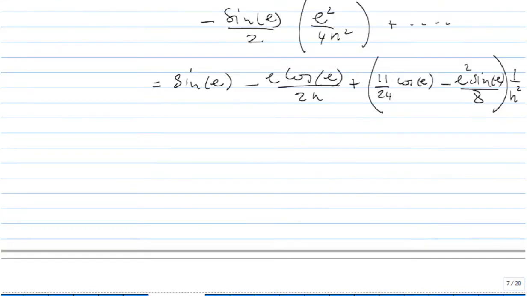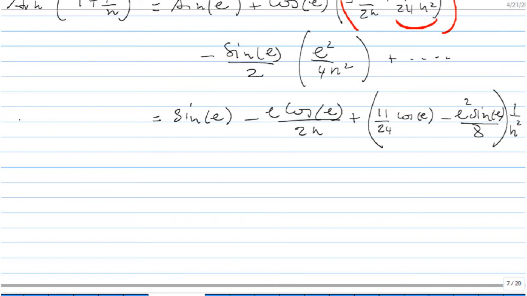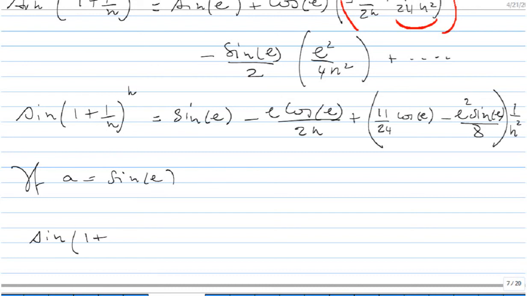So this is now sine of 1 plus 1 over n to the power n. We know that a is equal to sine of e. So here we get sine of 1 plus 1 over n to the power n minus sine of e minus b over n. That was the original series.